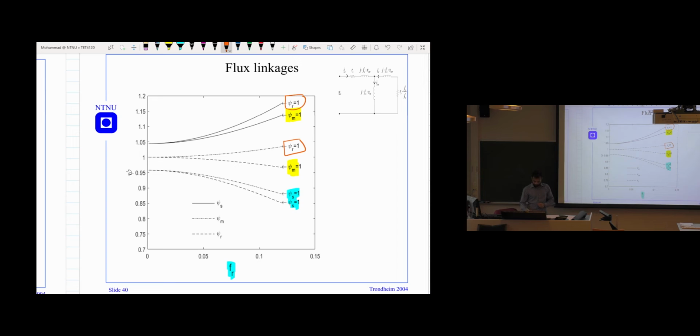Therefore, we keep the rotor flux at something like 0.9. If we keep it at 0.9, then we are limiting the stator flux also, so the machine will not be over-saturated. This is what we see from the steady-state characteristics of the machine. Any questions here?